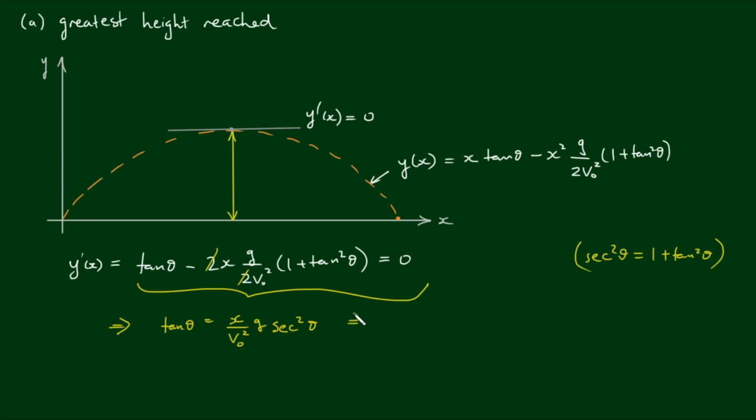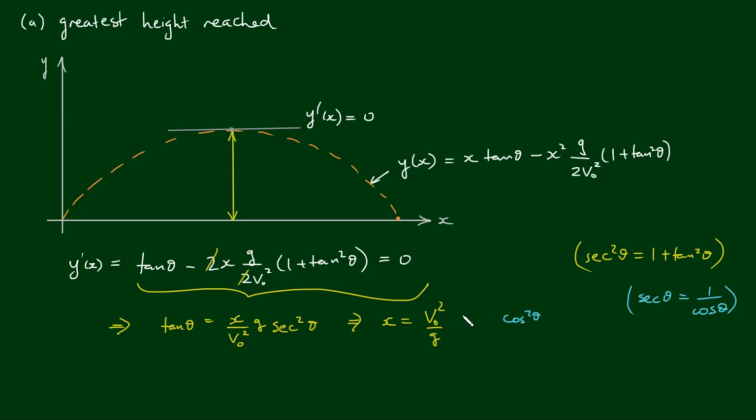And if we make x the subject, we get x equals v0 squared on g by tan theta over sec squared theta. Okay, here's where it gets a little bit tricky. The sec squared on the bottom can be rewritten as times cosine squared theta, by virtue that sec theta equals 1 over cos theta.